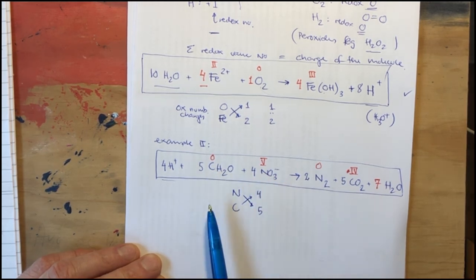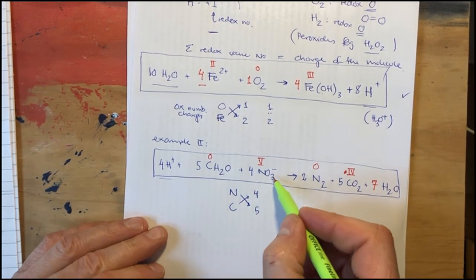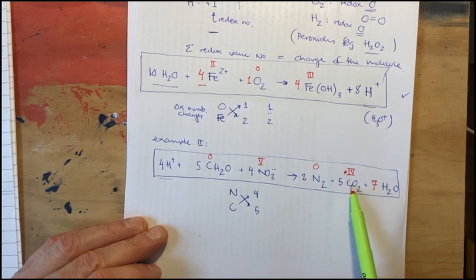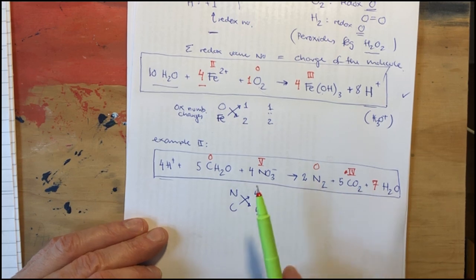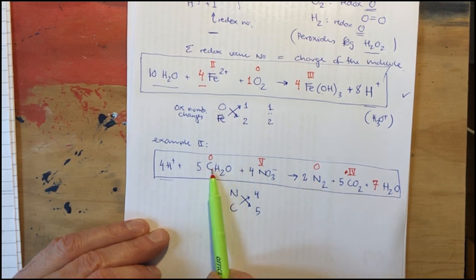It is the nitrogen that is the oxidizing agent, because oxygen here has -2 in redox number, and it also does so in carbon dioxide. It also has -2. So that doesn't change redox number. What changes redox is the nitrogen that is being reduced to atmospheric nitrogen and the carbon which is being oxidized to CO2.